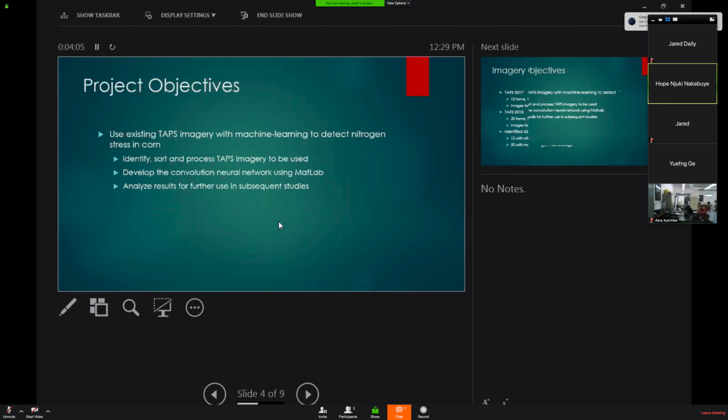We're going to have to identify the imagery to be used, sort it in some way through the testing that we already did with the leaf testing, and then develop a network. We're going to use MATLAB for that, and then analyze this for subsequent studies.